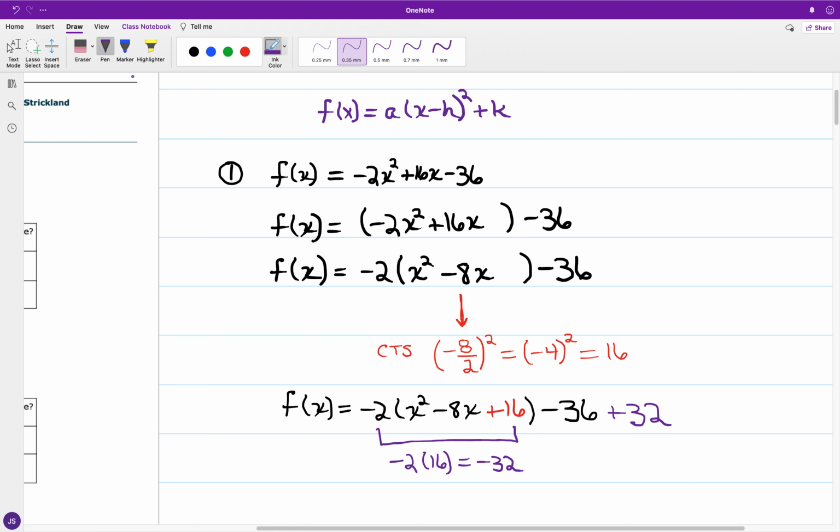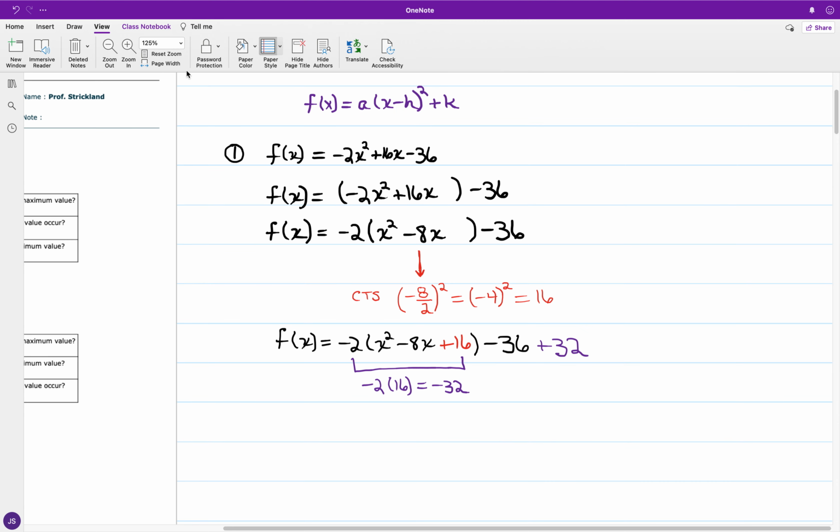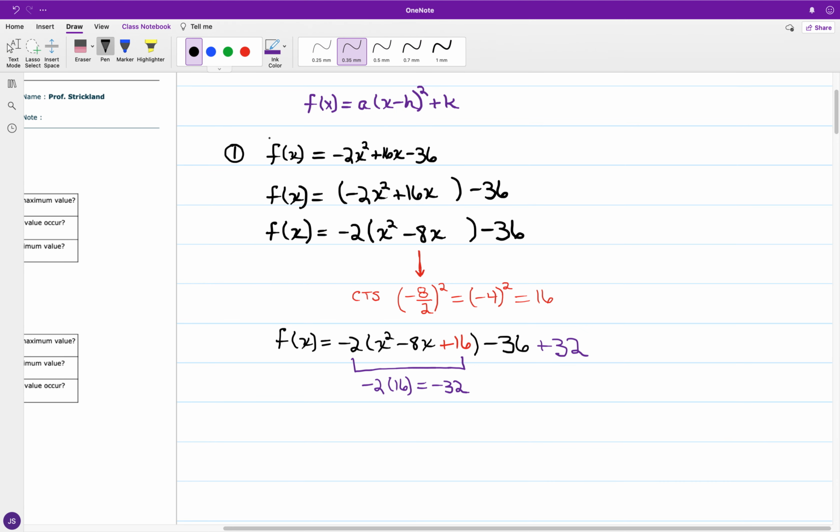So we have f of x equal to negative 2 times the quantity x squared minus 8x plus 16, and negative 36 plus 32, which will be negative 4.